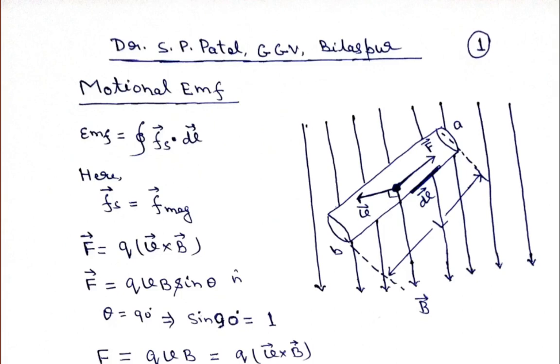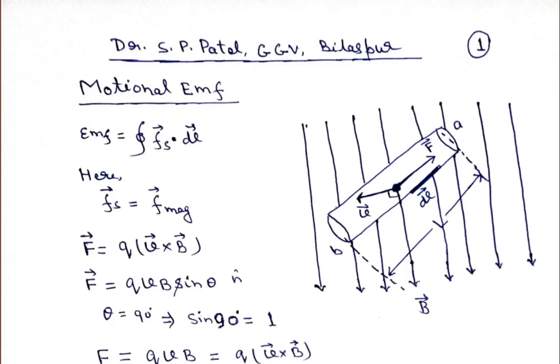But in the last lecture I did not mention the most common EMF, which can be generated by a generator, also known as the motional EMF, or the EMF due to motion of the circuit.